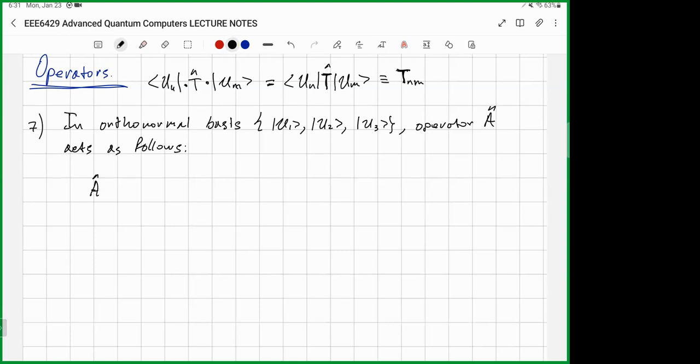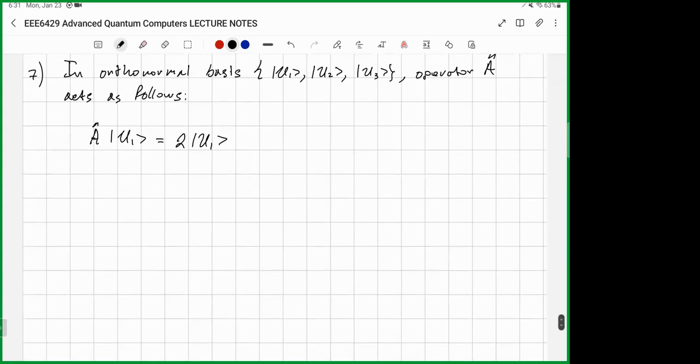Basically my operator, for example, acts on the first vector from this basis, and the result, for example, is equal to 2 times u1. So basically when this operator acts on the first vector from this basis, the result is just multiplication of this vector by 2. So what this operator does, it simply extends or makes the vector twice as long, right?